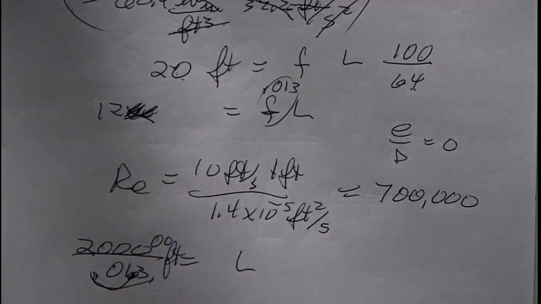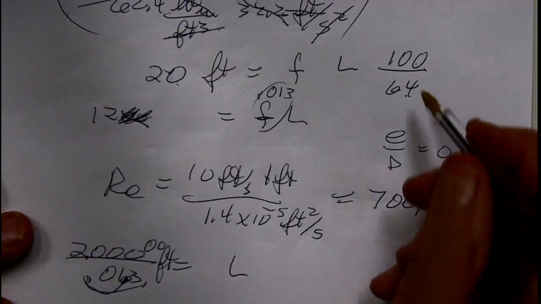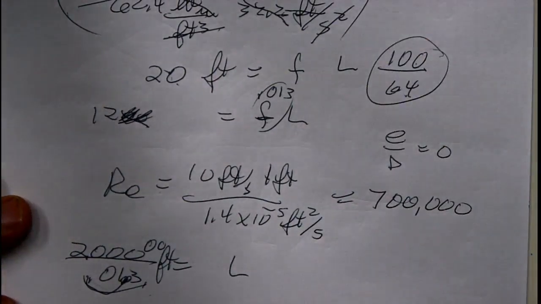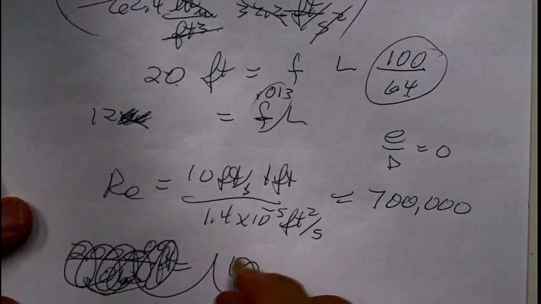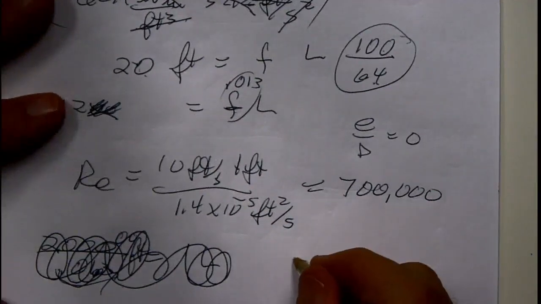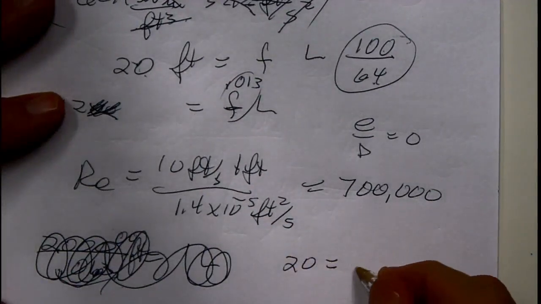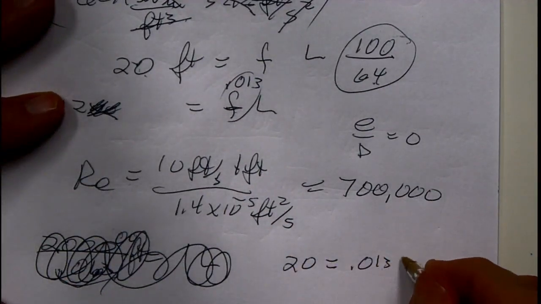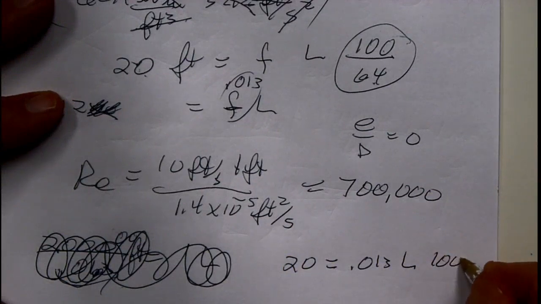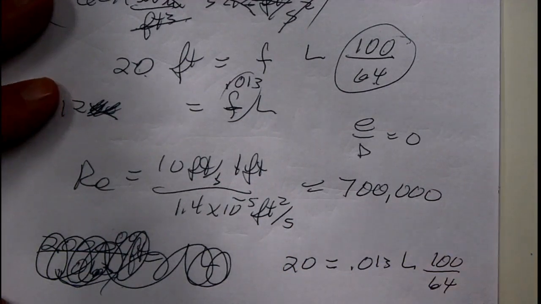So I have 1.3. That's not what I'm expecting to get. Oh, forgot this little jewel over here. So let's try 20 equals 0.013 L over 64. There you go.